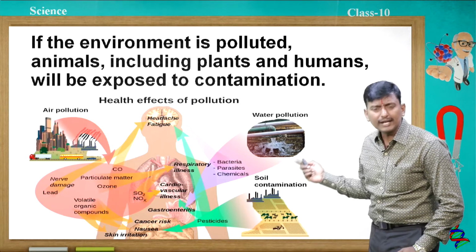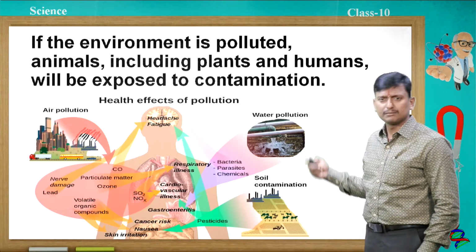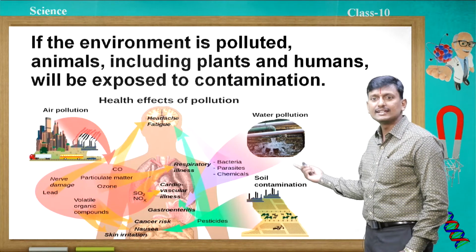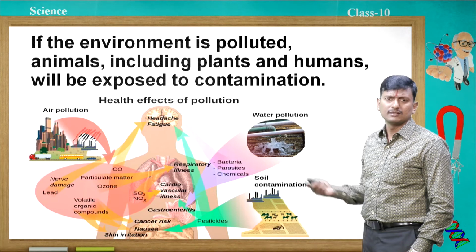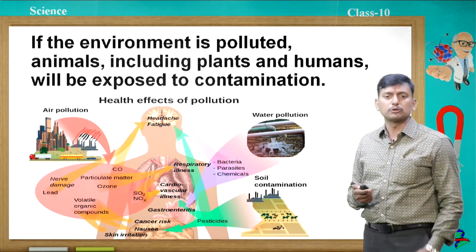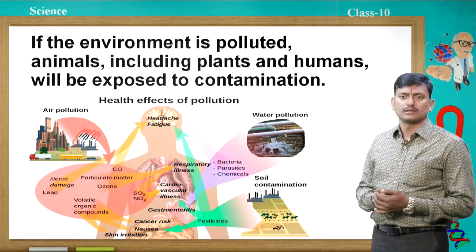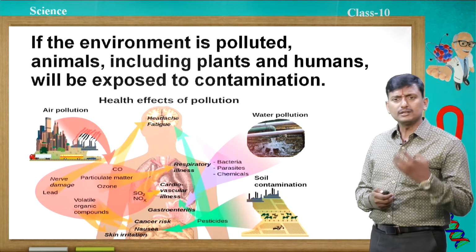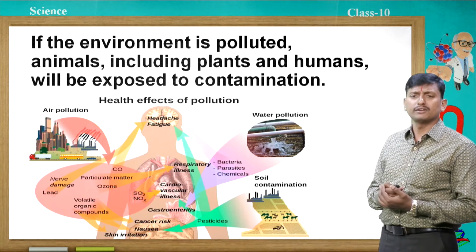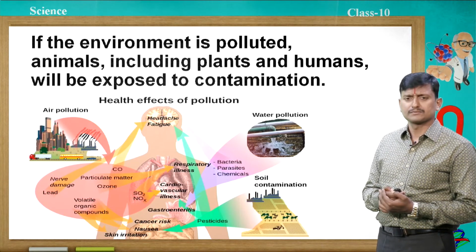Each and every part will be affected, maybe heart, lungs, kidneys, brain. Everything is going to be affected by the air pollution. So, keep in mind what precautions are to be taken to avoid this air pollution.